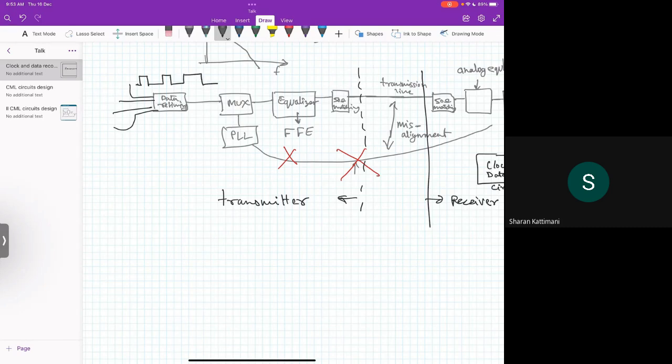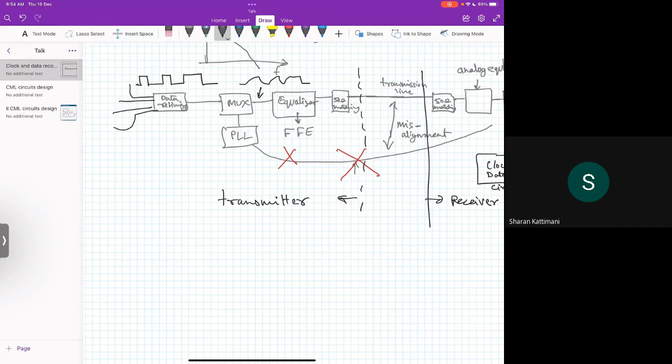After processing, up to reaching here, it will not be like this; it will be something like this because of finite rise and fall time, parasitic capacitance and resistances. So because of that there will be finite rise and fall time.